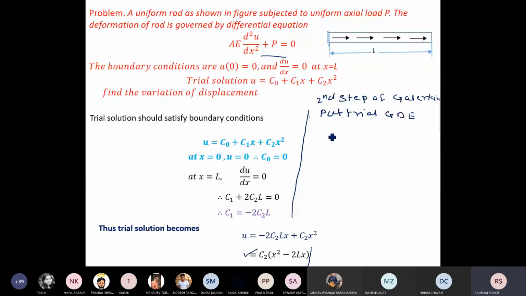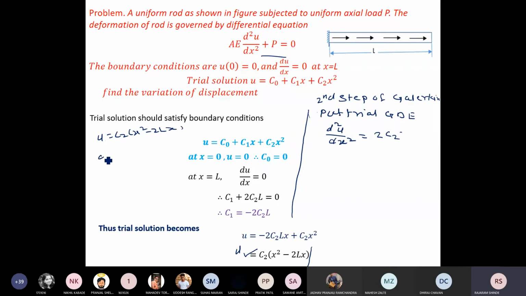For that purpose we need d2u by dx square. You see, this is your u. You calculate d2u by dx square. That becomes 2c2. Am I right? Second derivative of this one. First derivative is, you see here, u is equal to c2 into x square minus 2Lx.